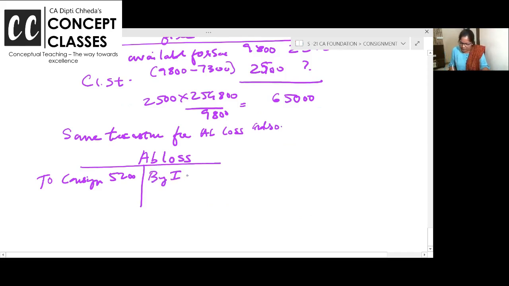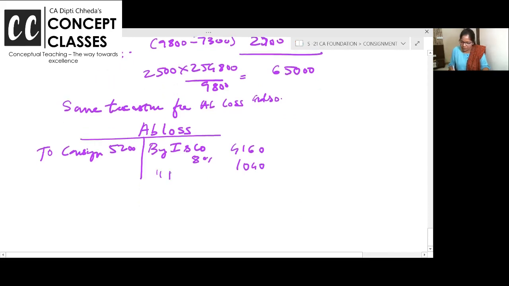Insurance company agreed to give you 80%. So what is the loss? 1,040.